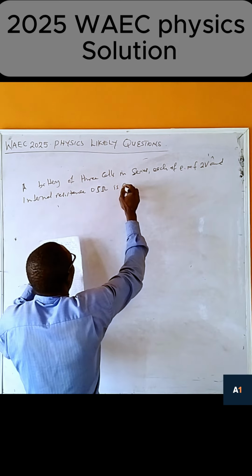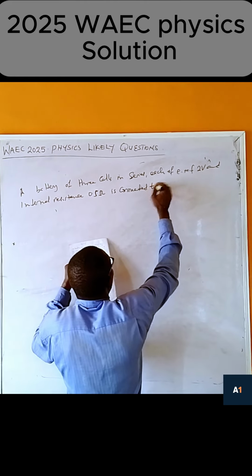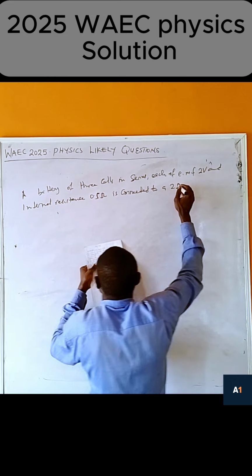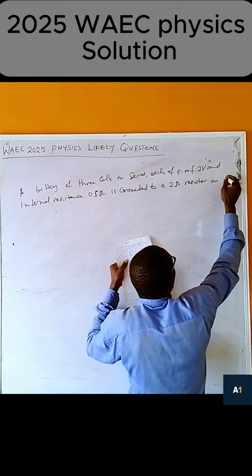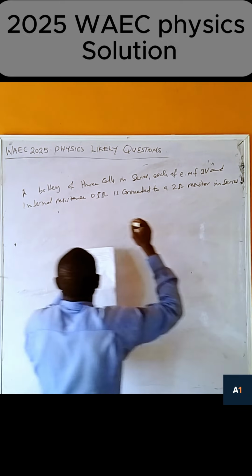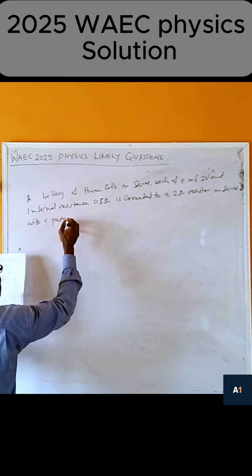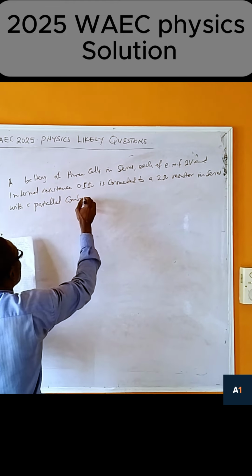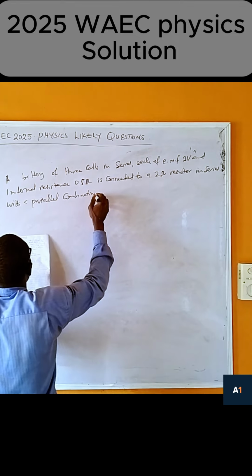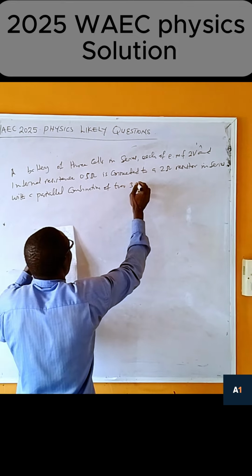Then it is connected to a 2 ohm resistor in series with a parallel combination of 2, 3 ohm resistors.